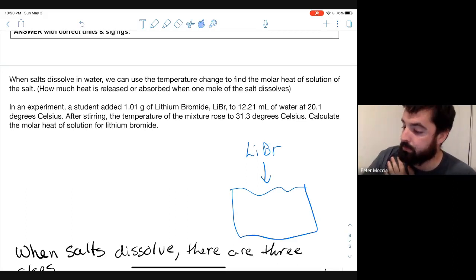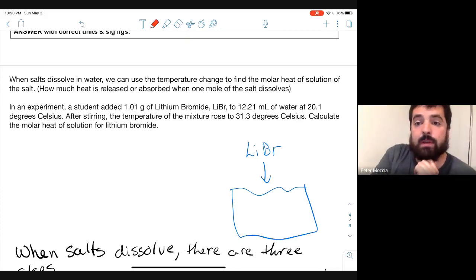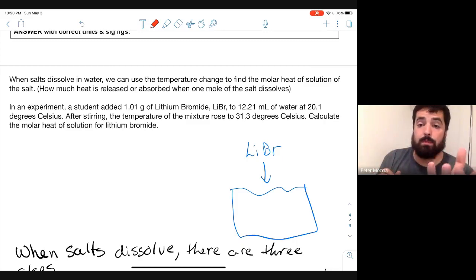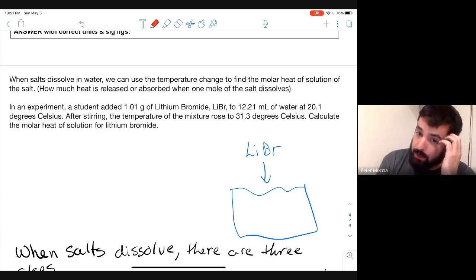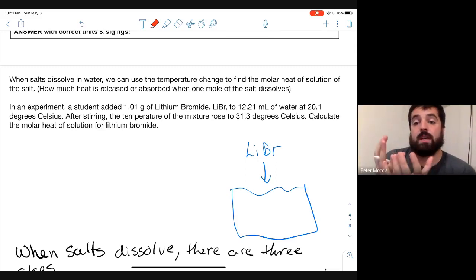So what you can do here: in the problem with the aluminum and the water, the aluminum and the water are two separate things. When you're talking about a solution, you're talking about all of it together.